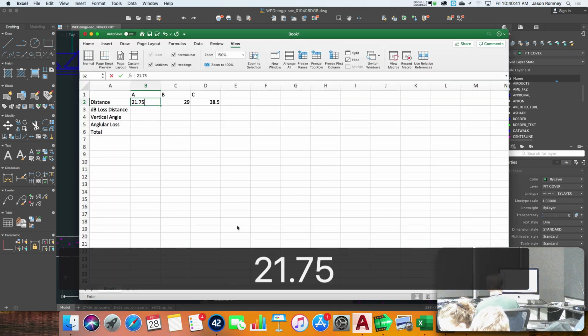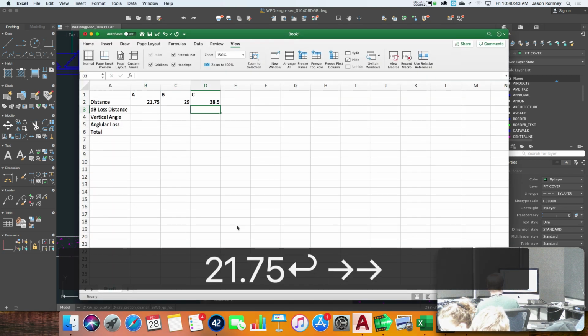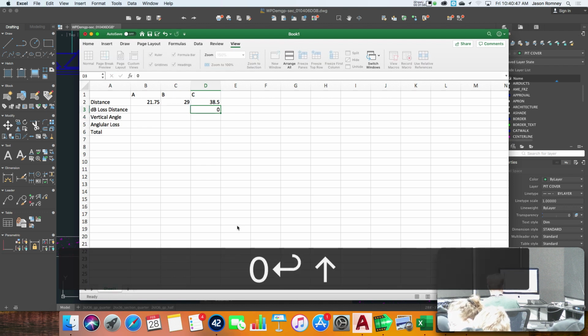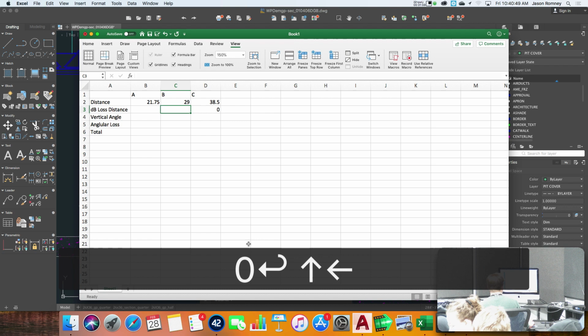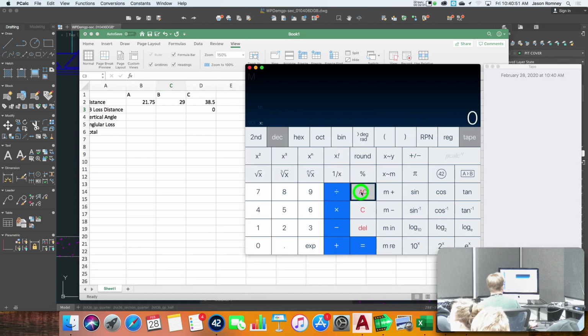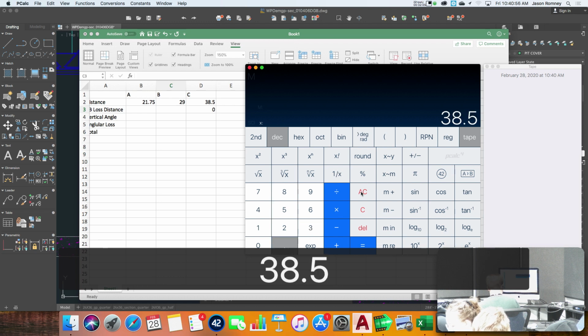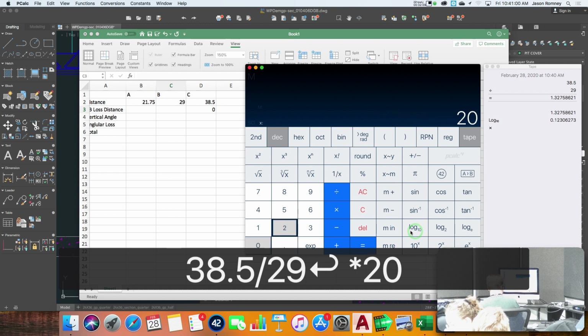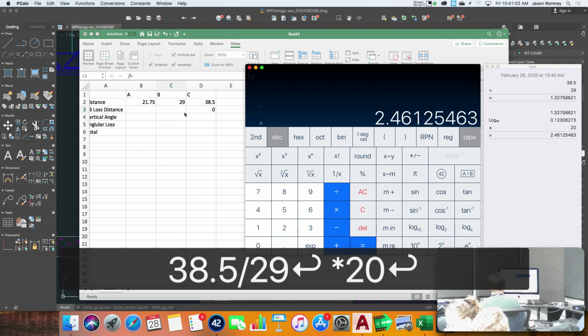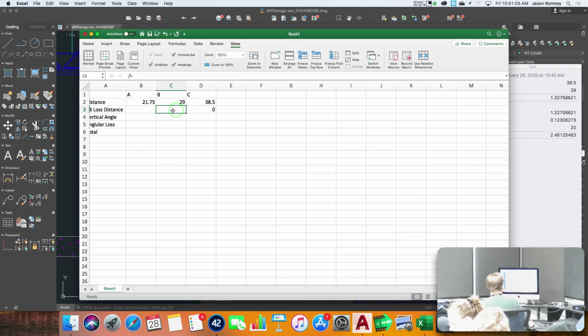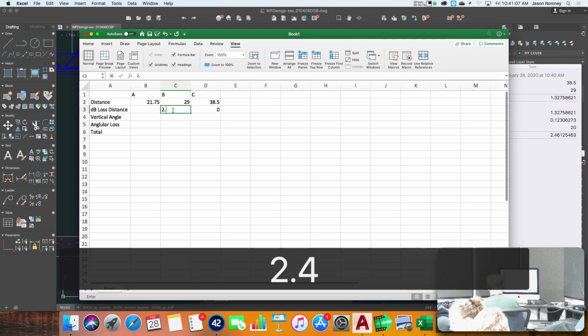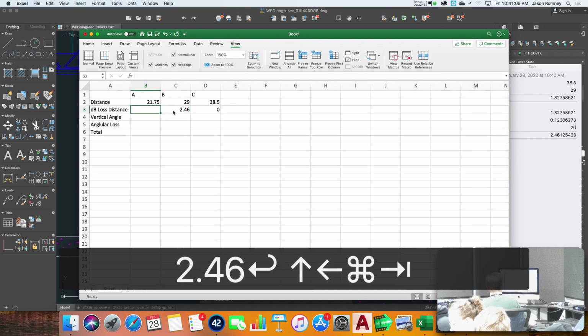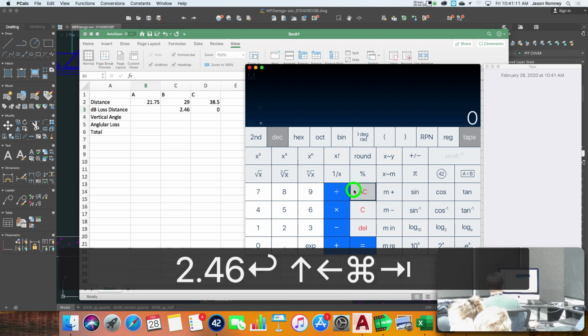So loss over distance, we're going to say 0 at seat C, just because that's my reference point. And then let's see what we end up with here. So at seat B, 38.5 divided by 29, log 10 times 20, we get a gain of 2.46 dB. Now what about the front row? We're going to end up 38.5 divided by 21.75.